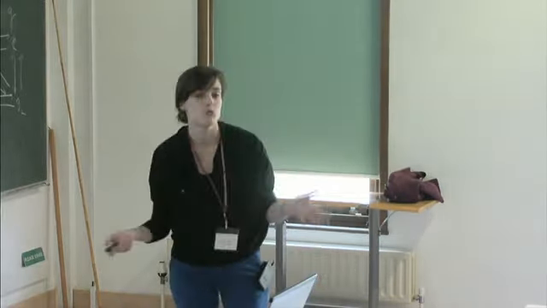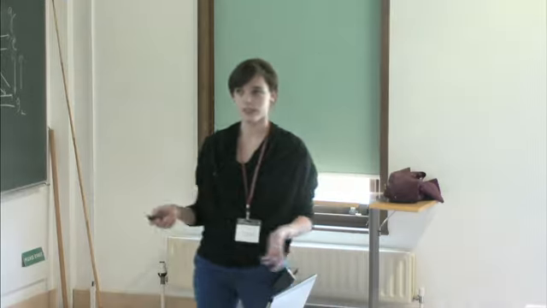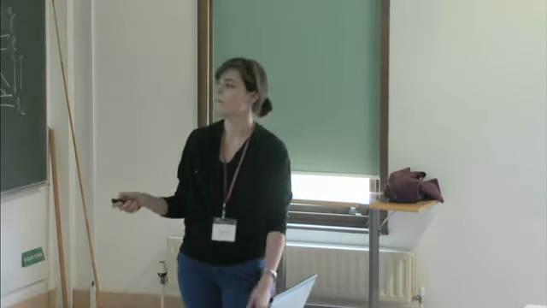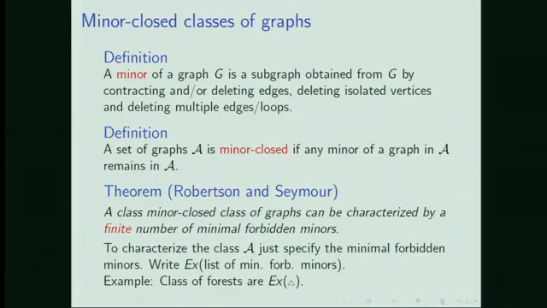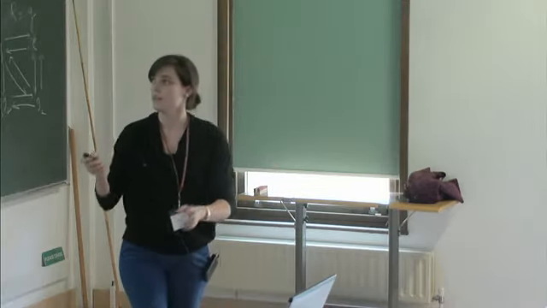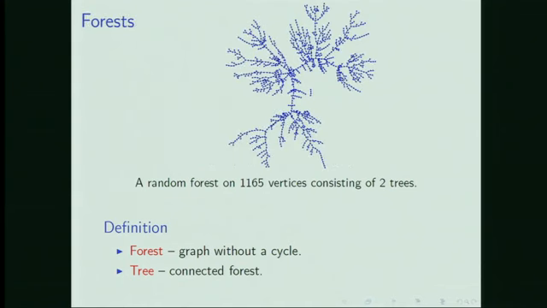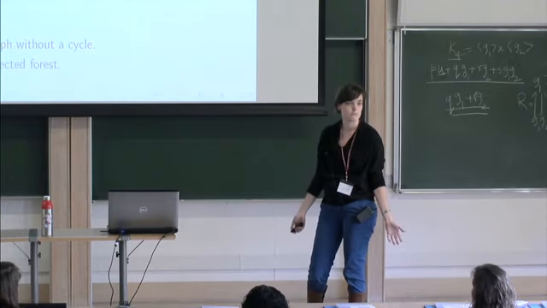An easy example: my class of forests, the graphs that do not contain a cycle, I can characterize them as the graphs that are minor closed and that do not contain a triangle. If you think about it, if I go back and show you that pretty picture, no matter how you contract an edge, or delete an edge, or delete an isolated vertex, you can never create a triangle.